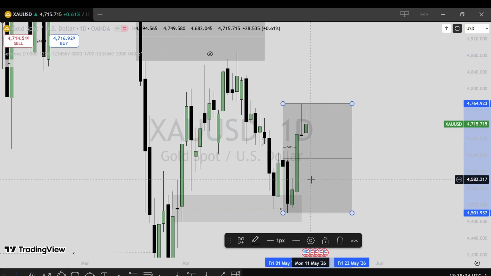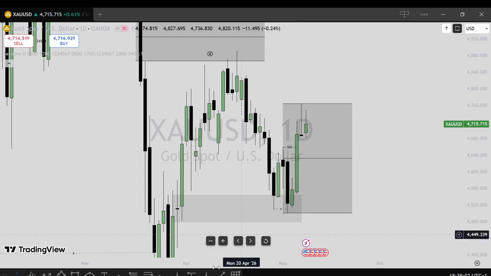Then I will scale down to the 4 hours time frame to look out for discount arrays in confluence with my discount phase on the daily time frame. The reason I have to scale down to the 4 hours time frame is for clarity and more information on this particular market, to look out for more confirmations on this particular impulsive leg.